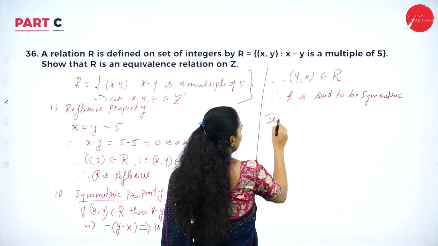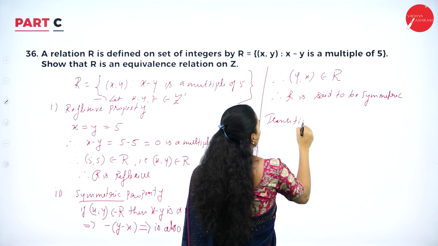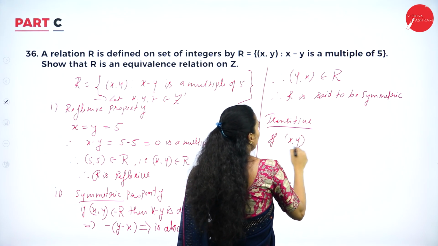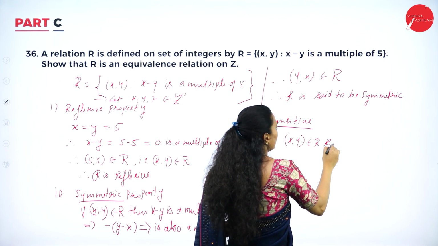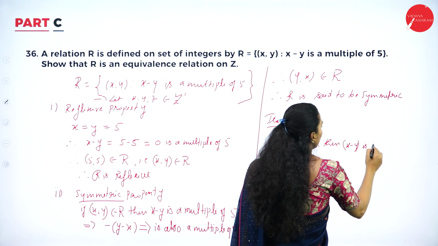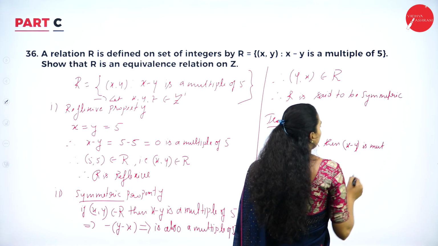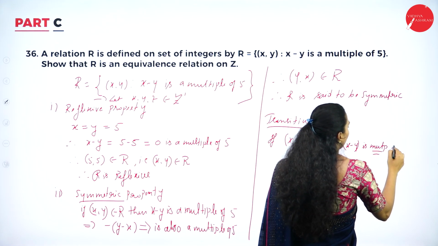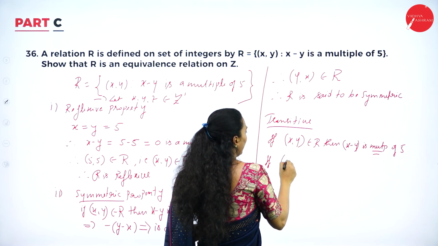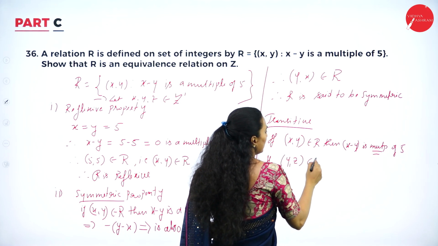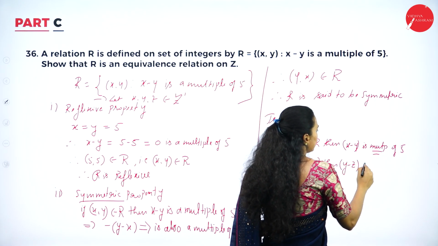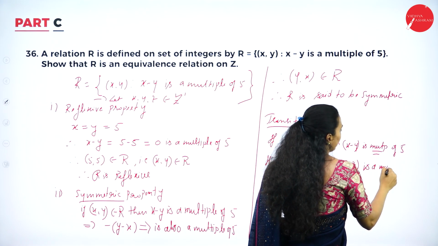So, here I am taking for transitive: if (x, y) belongs to the relation, then x minus y is a multiple of 5, correct? Similarly, if (y, z) belongs to the relation, then y minus z is a multiple of 5, correct?